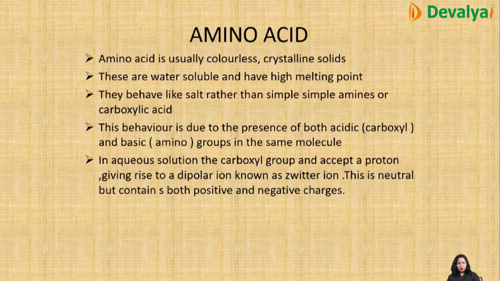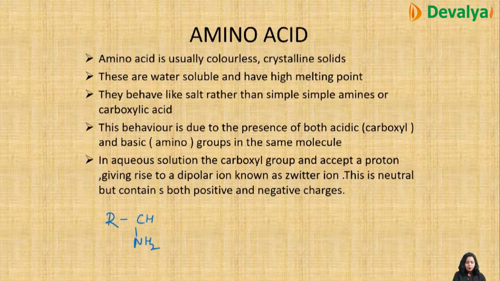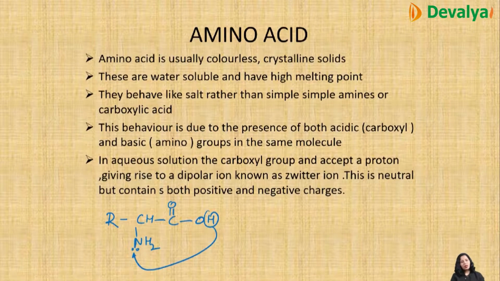And in aqueous solution, they accept the proton and give the dipolar ion known as Zwitter ion. This is neutral but contains both positive and negative charge. Like you have suppose R, CHNH2, C double bond O, OH. Now in this case, H will move like H positive and will come here on the lone pair of the nitrogen.